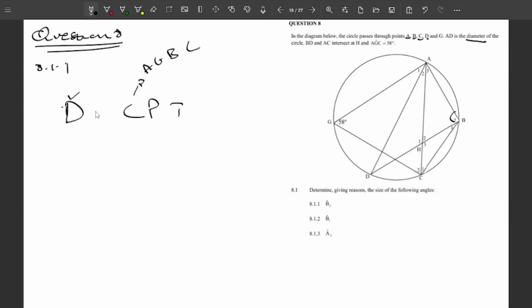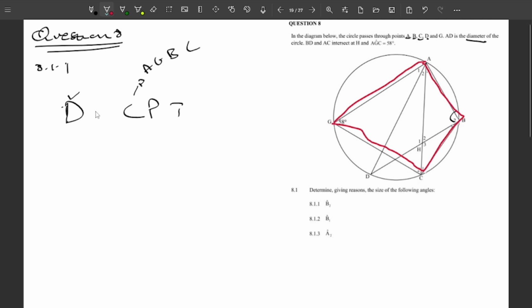I'm not using my coloring pens to showcase it because I want our diagram to be neat, but you can do that also. You can use your marker and say this is the cyclic quad, AGBC. It's going to make our life easier this way. And since we have the diameter, you don't need to showcase it because they told us about it.